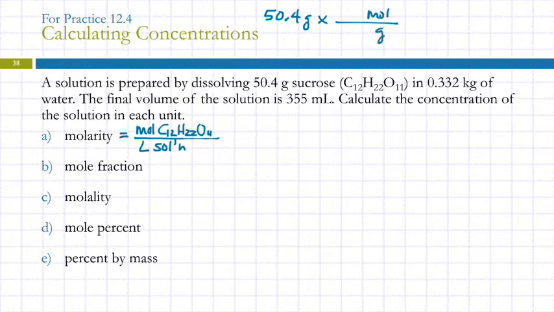So we're going to have to calculate a molar mass. 12 times 12.01 plus 22 times 1.008 plus 11 times 16, that's 342.3 grams per mole.